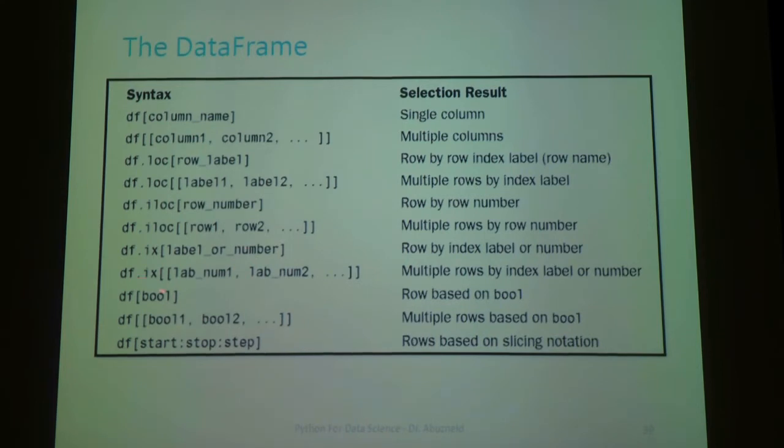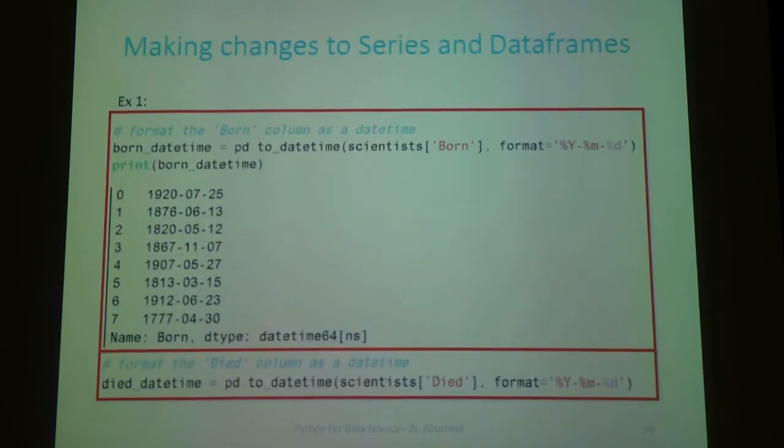And then you could have Boolean operations, one row based on one Boolean, or multiple Boolean operations. Or you could use slicing notation, where you have start, stop, and step. So you could have different axes.